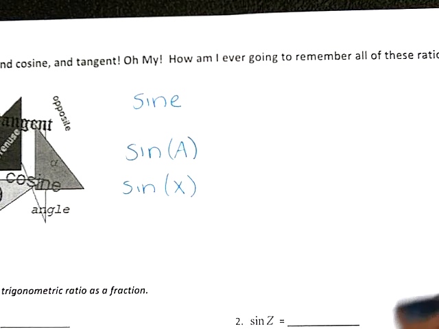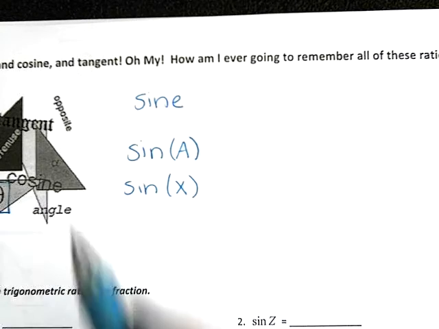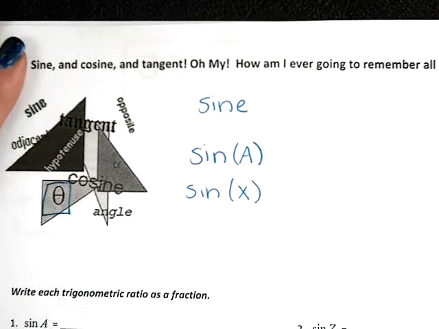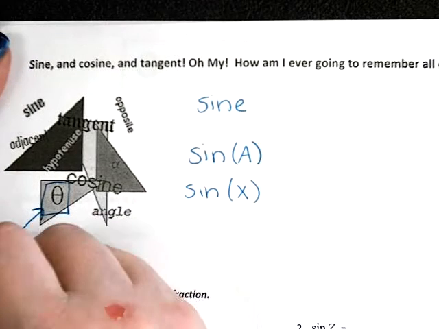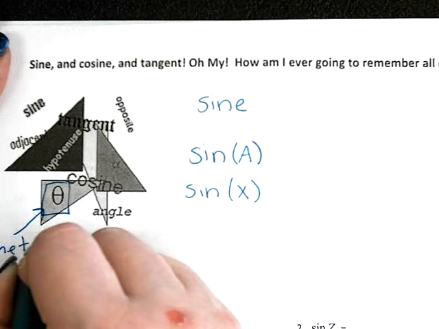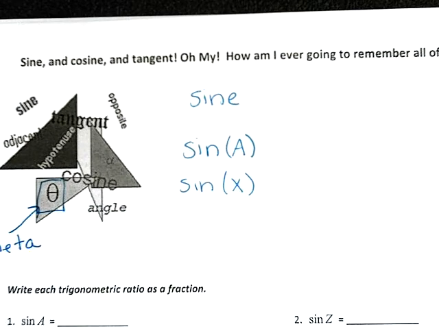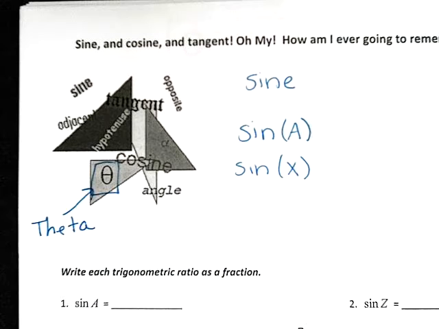A lot of times we use this symbol right here actually. This symbol is called a theta. It's a Greek letter, and a lot of times that's what we use when we talk about trigonometry. Instead of using x, theta is kind of our go-to for angles.